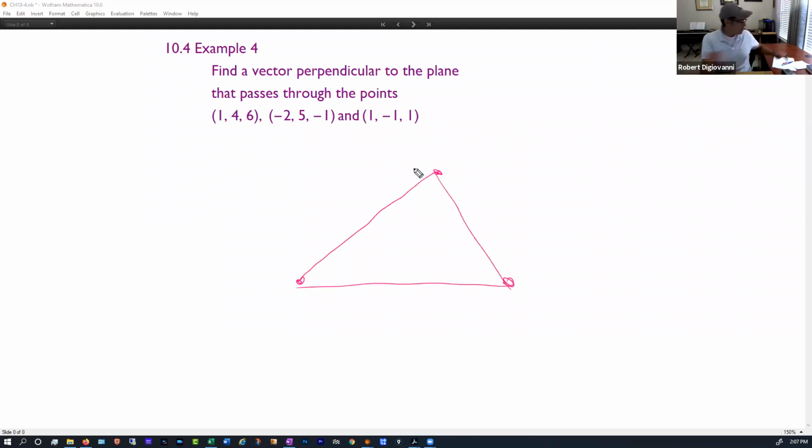When we say a plane, it's like a sheet of paper sitting in 3-dimensional space. We have 3 points on that plane. My question is, can you find me a vector that's perpendicular to this plane?